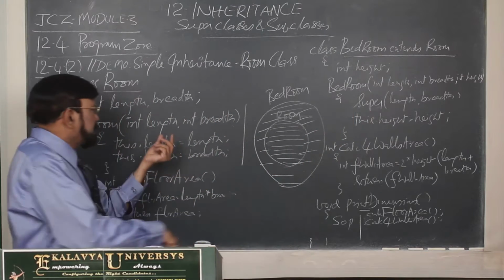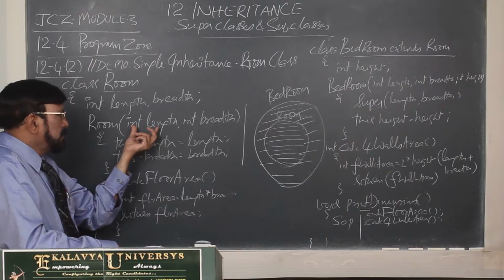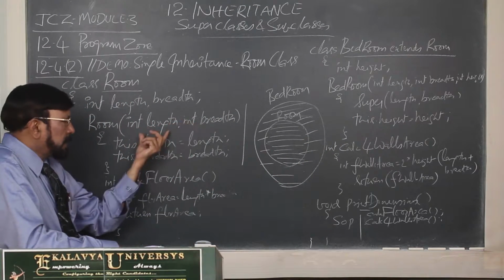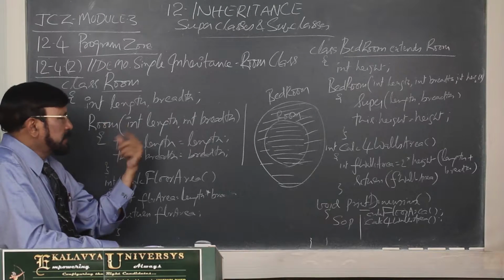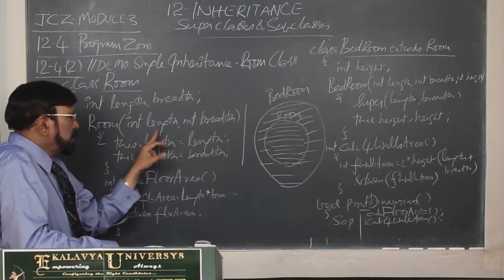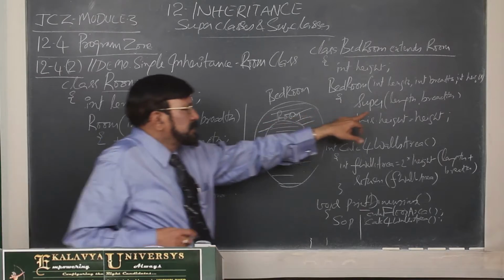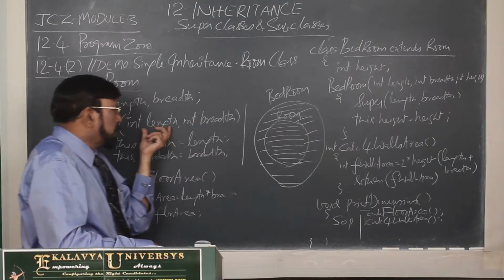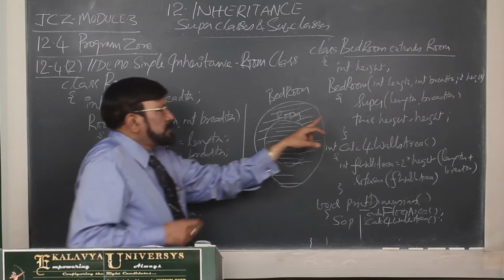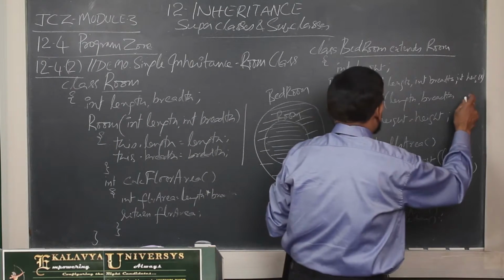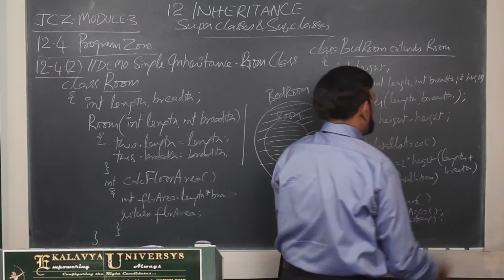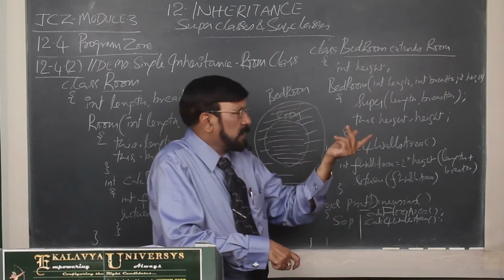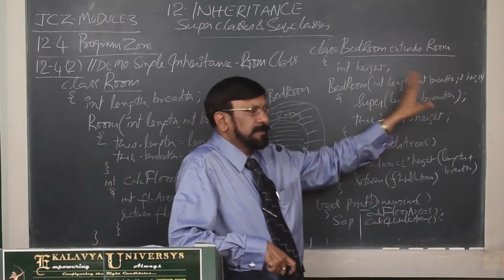Then, whatever parameters are there, in the same manner you have to call. For this, length and breadth are there. Now, this is nothing but calling the superclass constructor. So it should be called like this. Super means superclass constructor, length, breadth.